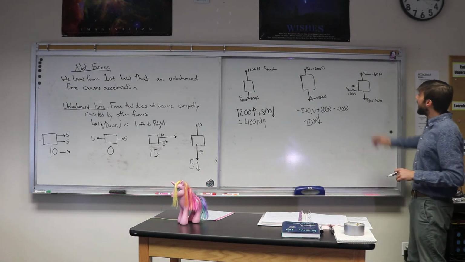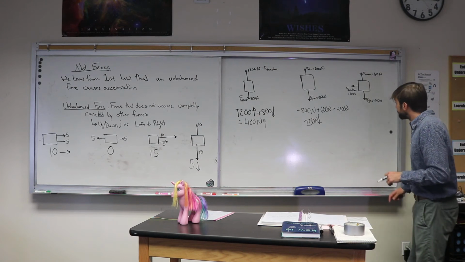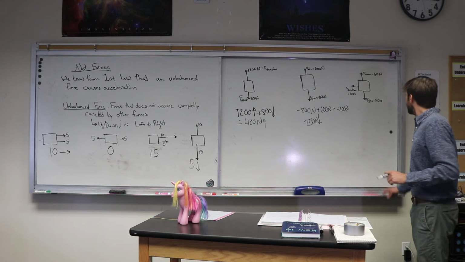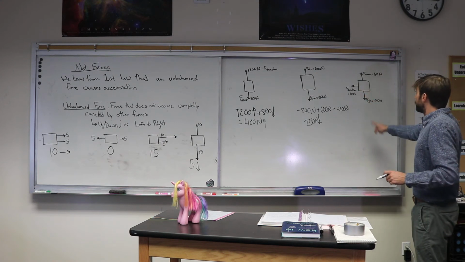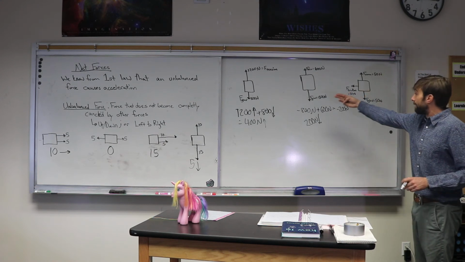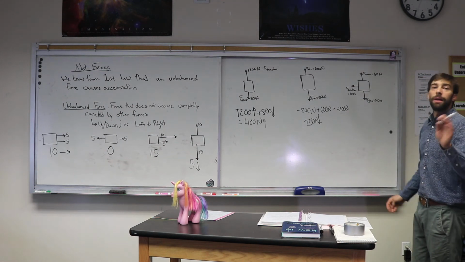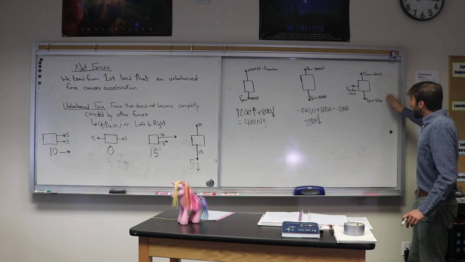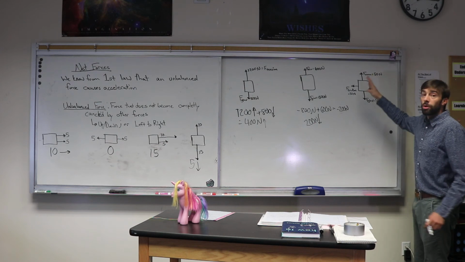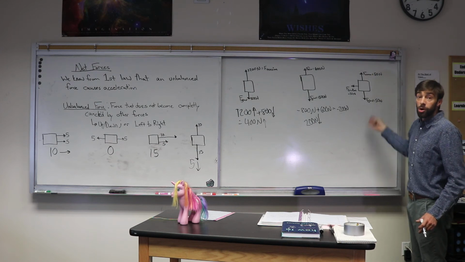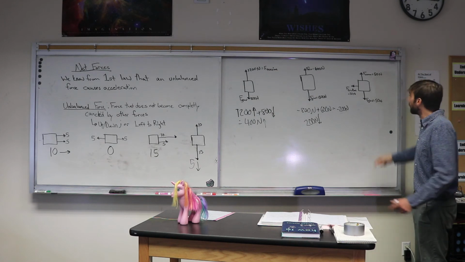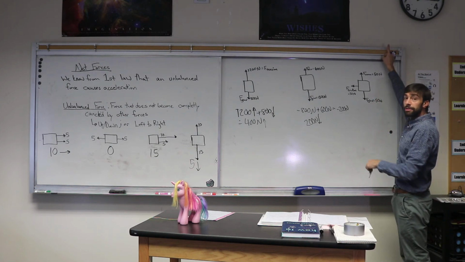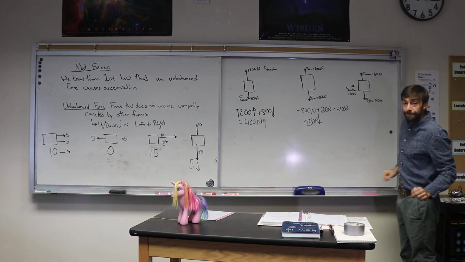All right, last example. Oh my gosh. We have up and down forces, and we have forces left and right. Well, all right, let's break this down. Let's start with one direction at a time. So I'm going to start with up and down. Up force is 50 newtons. Down is 50 newtons.